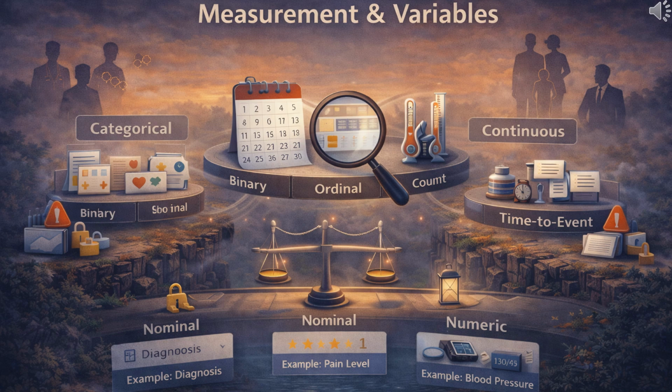Covariate selection is the process of deciding which additional variables to include in an analysis to make comparisons fair and interpretations accurate. Covariates often include demographic factors, baseline risk factors, prior history, context variables, and other characteristics that could influence the outcome.